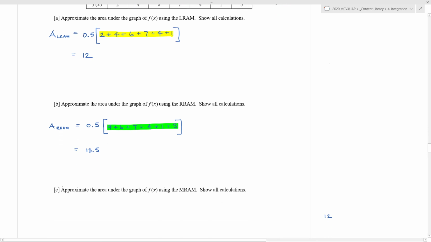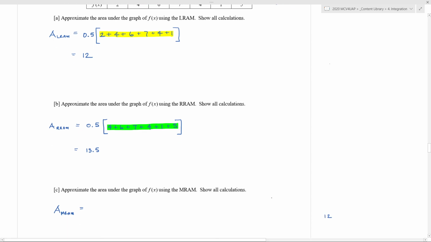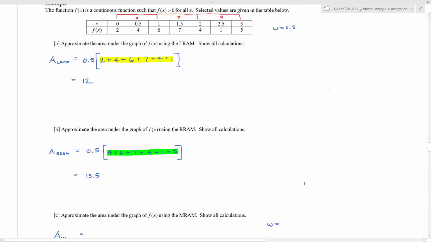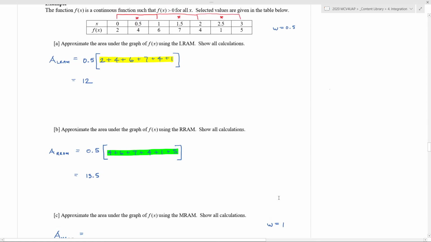Okay, so now my area approximation using MRAM is, so the width of each one of those, now the width is no longer a half. You can see that the width is equal to 1. Right? The first rectangle extends from 0 to 1. The second rectangle starts at 1 and ends at 2. And the third rectangle starts at x equals 2 and ends at 3. So the width is now 1.